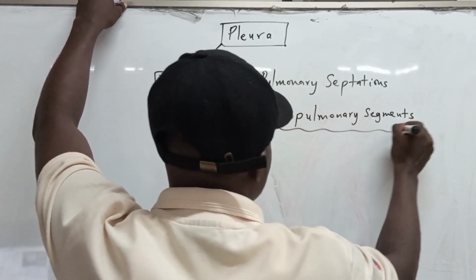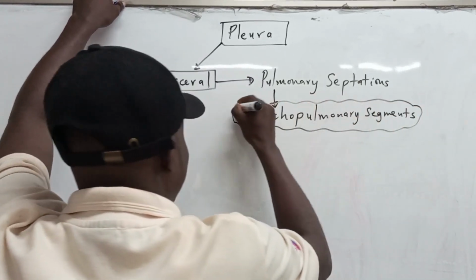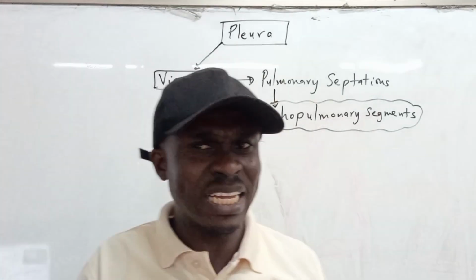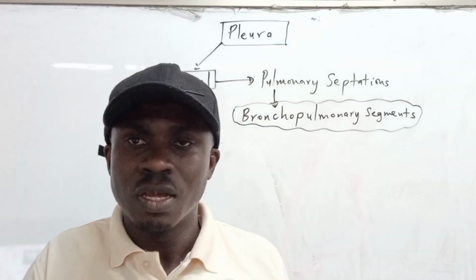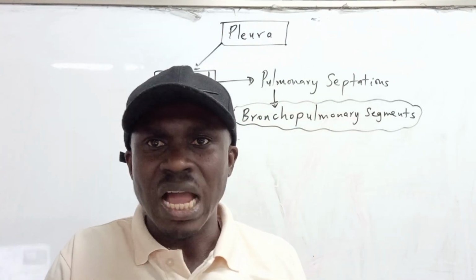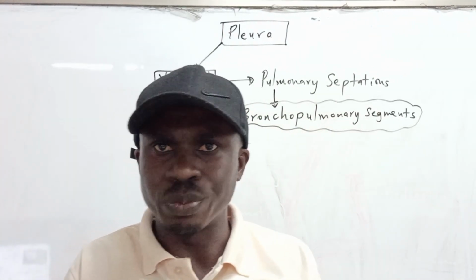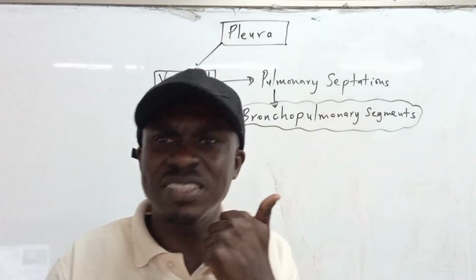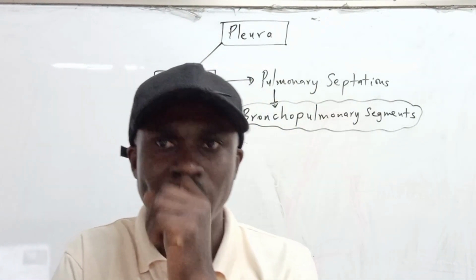Now, this is extremely important. Sometimes when we ask students questions regarding the bronchopulmonary segments, they tend to get confused. So over here, just pay attention. I'm going to demystify everything for you. Now, what is this bronchopulmonary segment we are talking about?